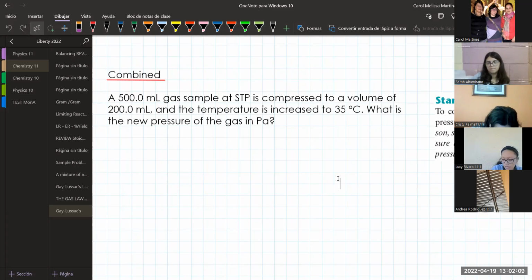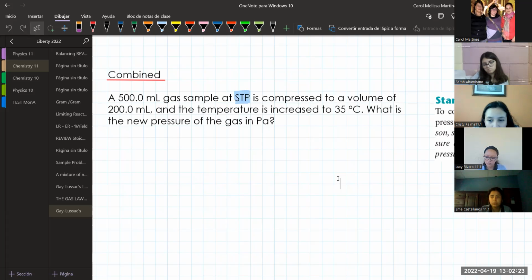First of all, in this exercise, it says 500 milliliters gas sample at STP. Do you remember what STP means? Standard temperature, and P stands for what?